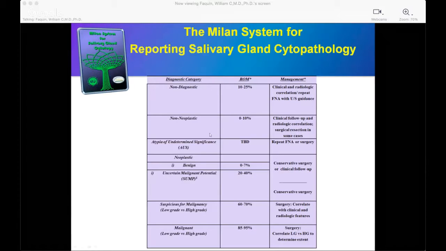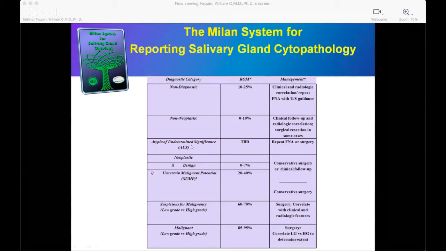For the non-neoplastic category, the risk of malignancy can range from 0 to 10%. Again, some of these non-neoplastic lesions may represent a reactive condition, and simply the FNA did not properly sample the underlying neoplasm. So again, for this category, very careful clinical follow-up and radiologic correlation is needed, and in a subset of cases where the clinical and radiologic findings are concerning, surgical resection may be needed.